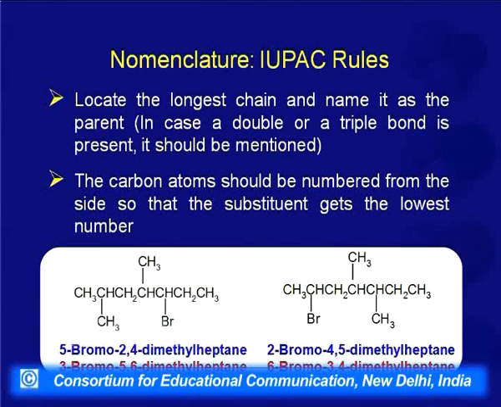So, if we take an example pertaining to these two rules, we have this molecule, 5-bromo-2,4-dimethyl-heptane. Now, it says that the numbering should start from the carbon by which the substituent gets the lowest number. The two possibilities we know in this heptane molecule are this and this.